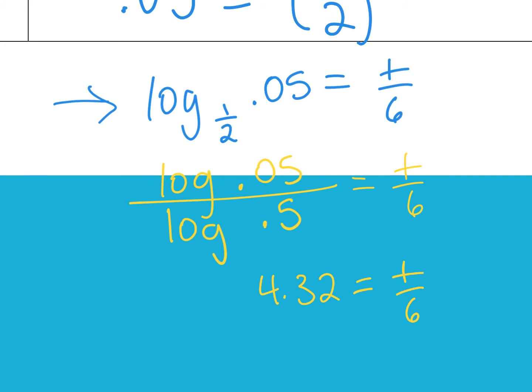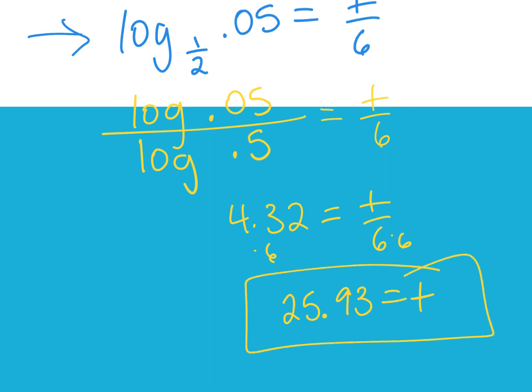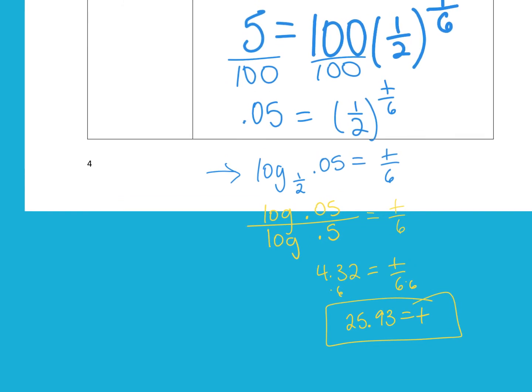Do I have t by itself? What do I need to do? Yep, what's 4.32 times 6? 25.93, we'll call it, equals t. Fun. Very fun. I liked it.